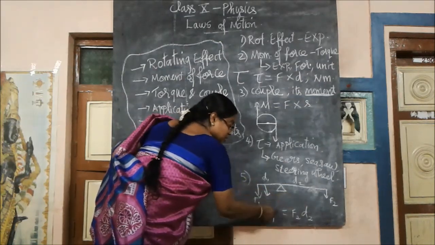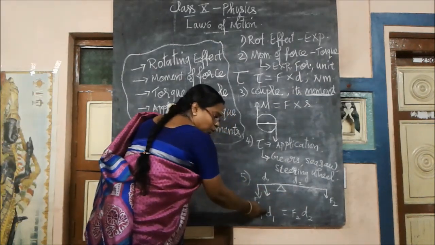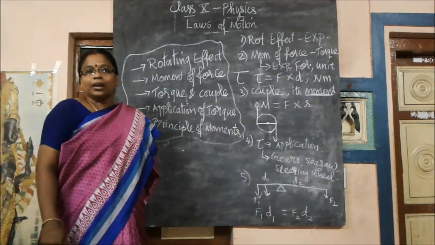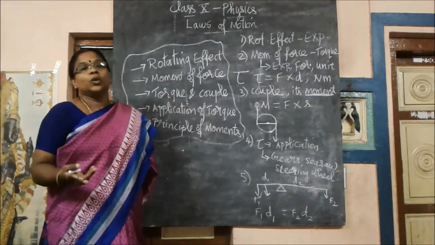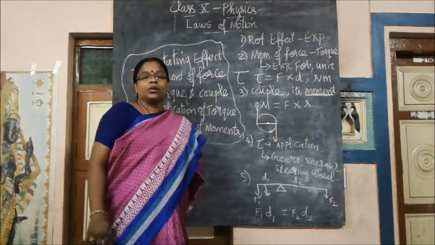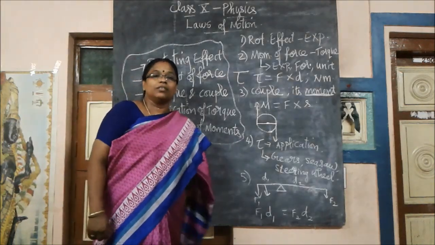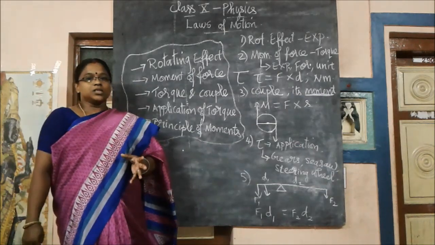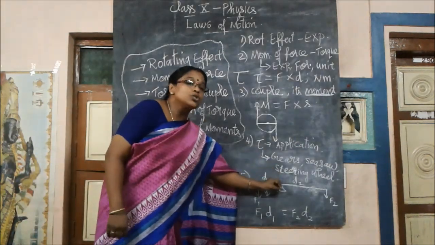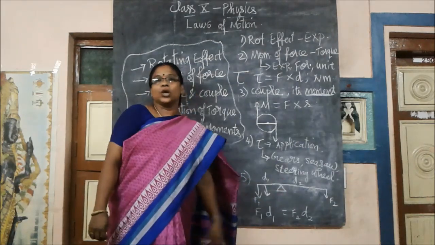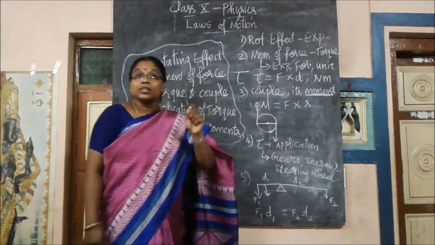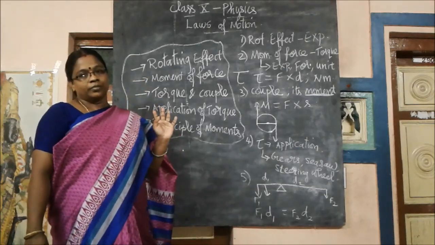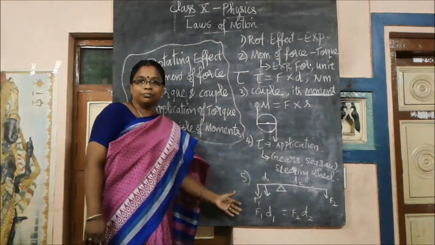When this comes to this side, F1 D1 minus F2 D2, right? As they are equal, it will be equal to 0. So another statement can be given like this: the algebraic sum of all the moments produced on a body is equal to 0. What is the condition? Under equilibrium condition. Can you get these points, children?